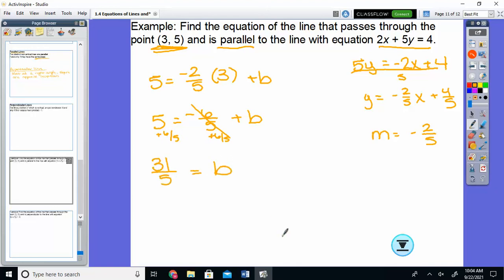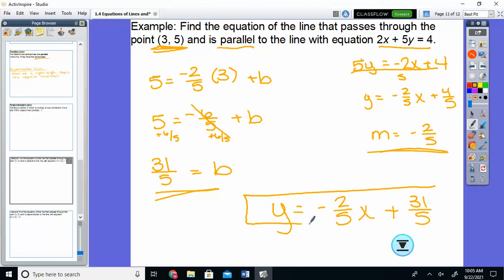Get 31 over 5. You guys checking me? So now I have my m and I have my b, so the final equation is y equals negative 2/5 x plus 31/5.